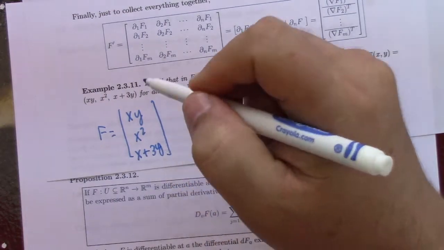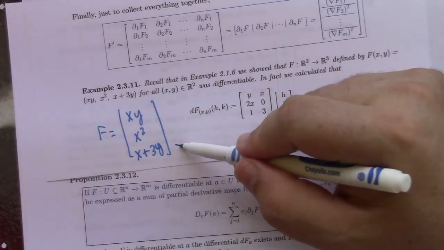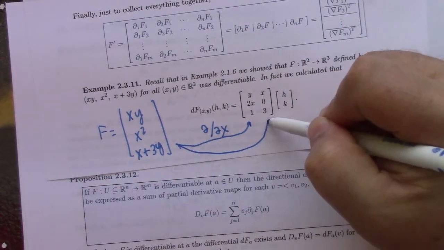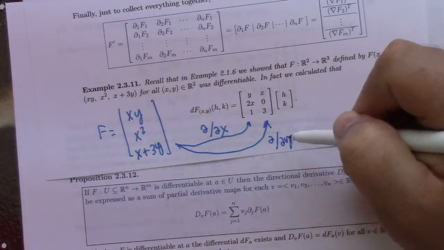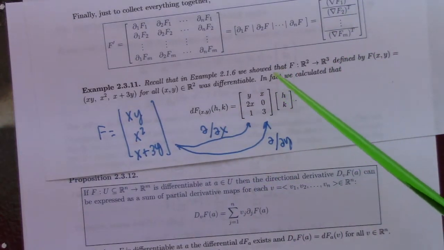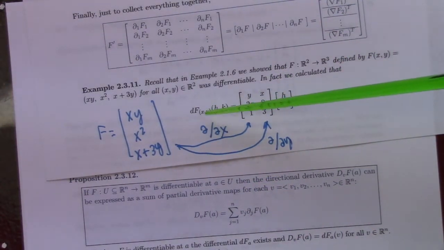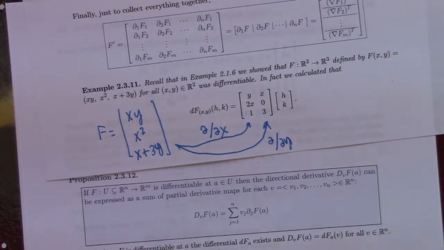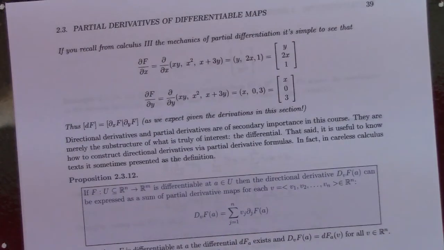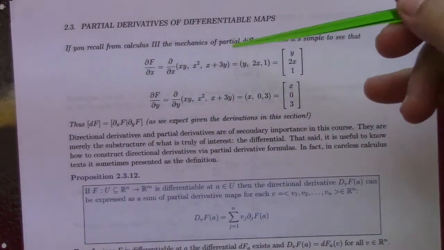If I take the partial derivative with respect to x, I get that, right? If I take the partial derivative with respect to y, I get that, right? Because this has no y dependence, whereas that has the 3, this gives me an x, and so forth. So there's the differential at xy built from partial derivatives, which is what we found before using a direct and cumbersome limiting argument.